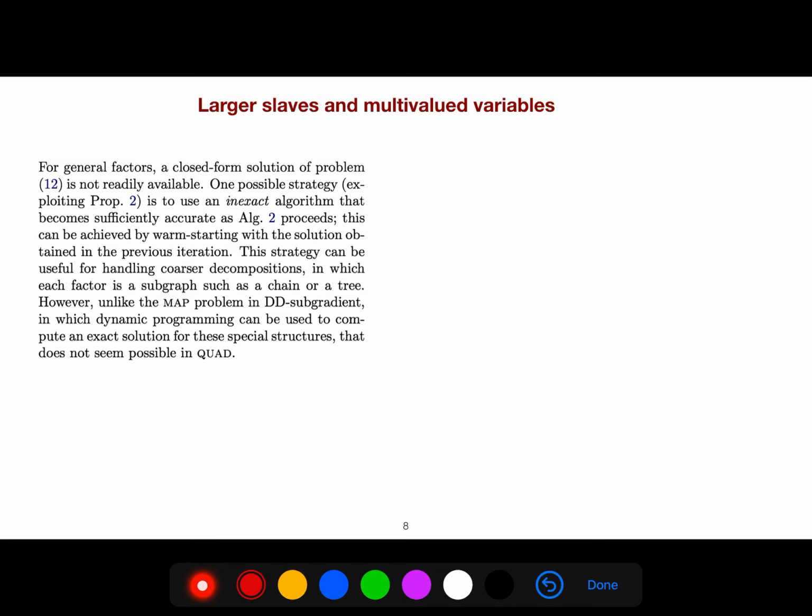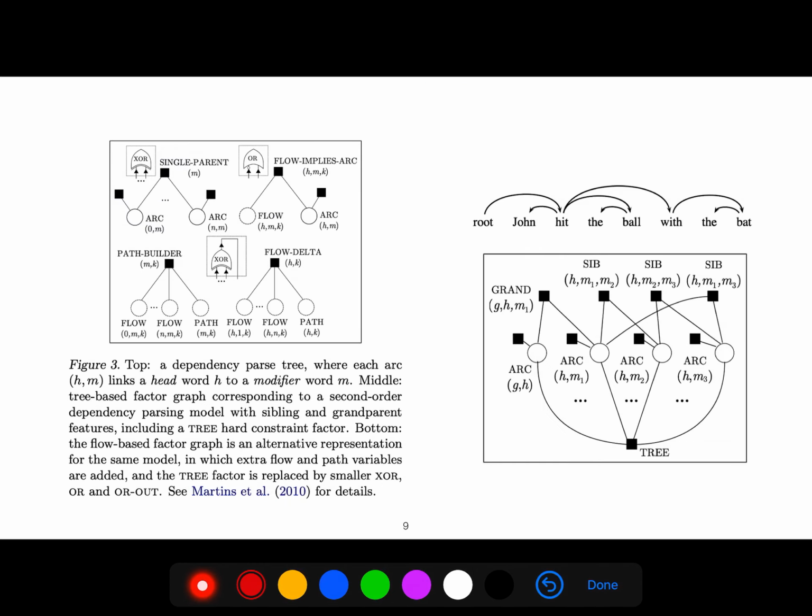This strategy can be useful for handling coarser decomposition, in which each factor is a subgraph, such as a chain or a tree. However, unlike the MAP problem in the dual decomposition subgradient, in which dynamic programming can be used to compute an exact solution of these special structures, that does not seem possible in the QP.